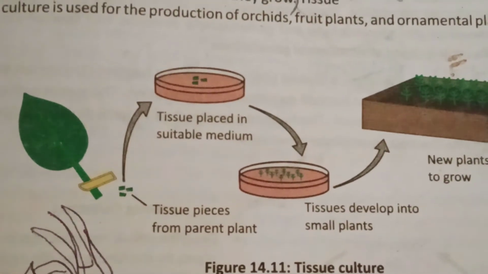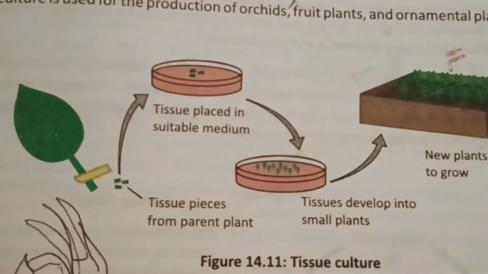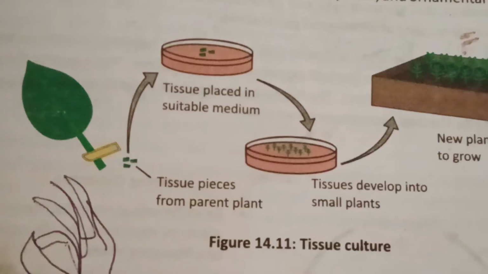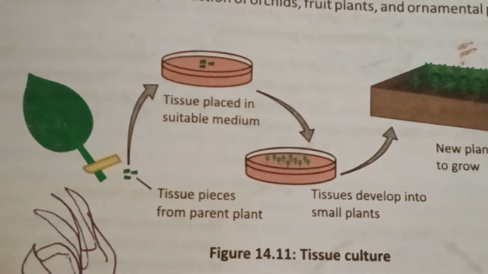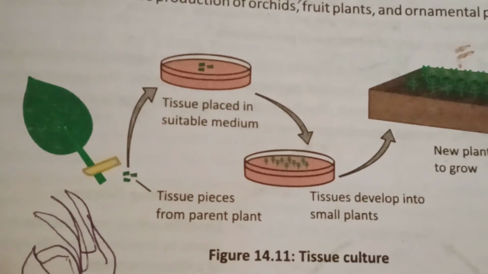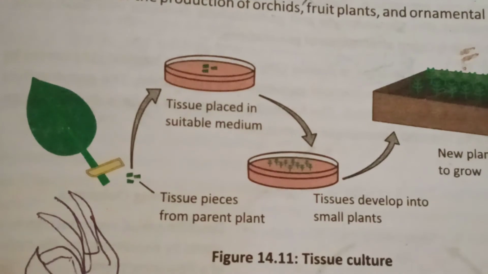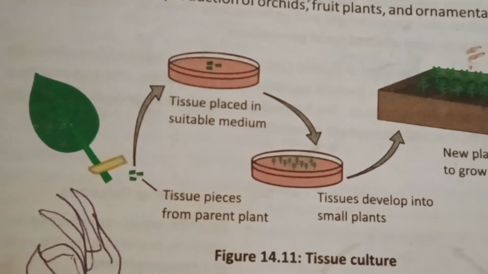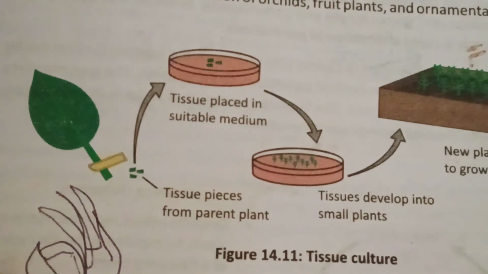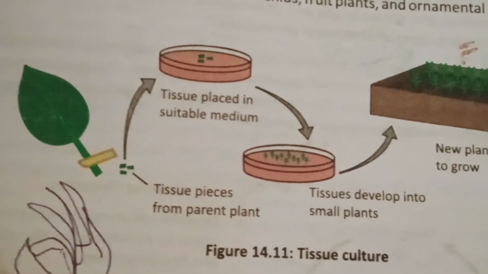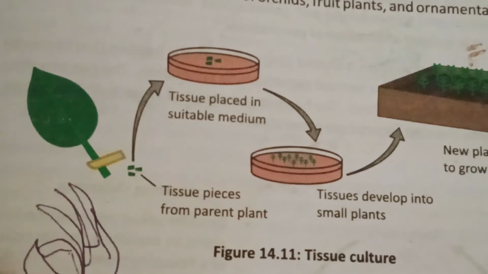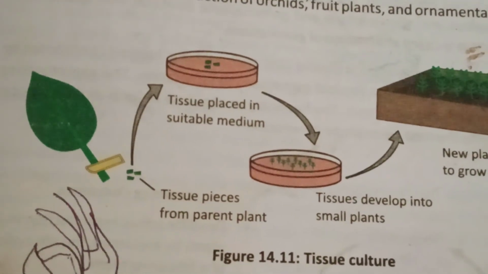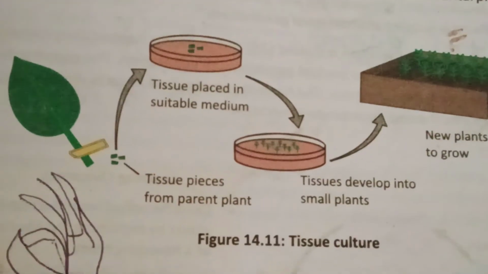The tissue cells start mitosis and produce a mass of cells called calli. These calli are transferred to another medium that contains different hormones for the formation of roots, stem, and leaves. Calli make these structures and grow into new small plants. The small plants are then planted in pots and then in the field.